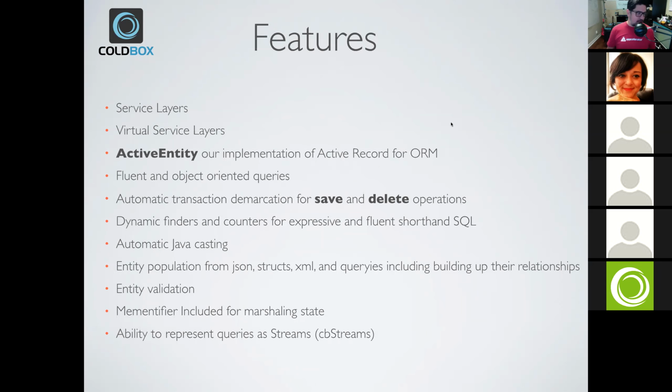So that allows you, out of the box with cborm, to create JSON APIs from your ORM objects really, really easily. We've also added streams, so you can represent your queries as streams, which are based on the CB Streams project. So you can work with those Java stream collections as you see fit, and you have a lot more capabilities when working with those collections.